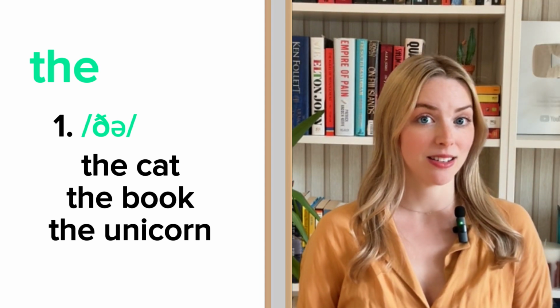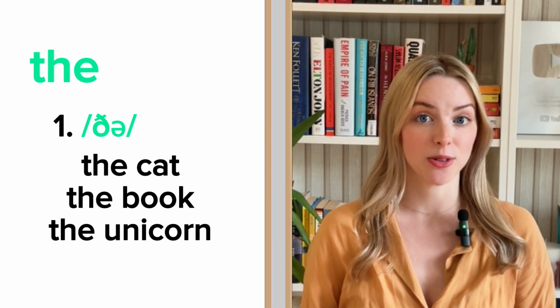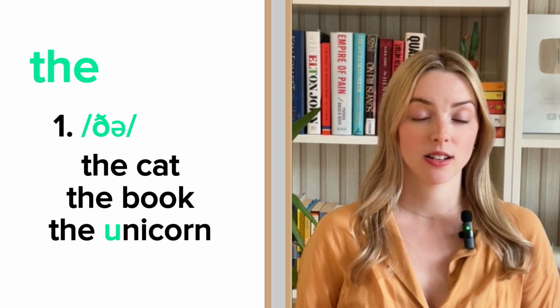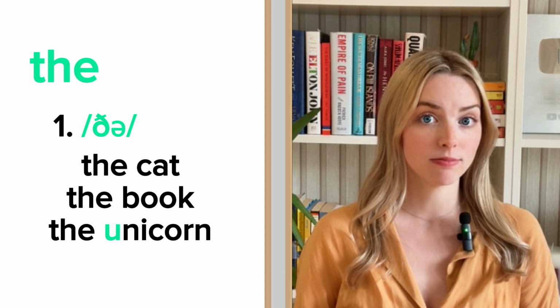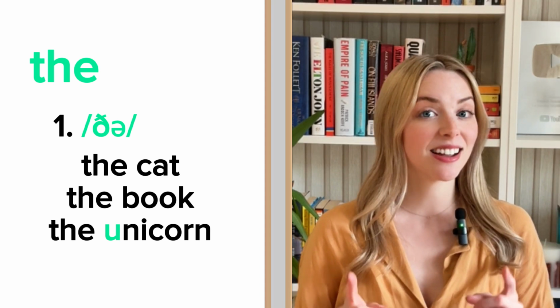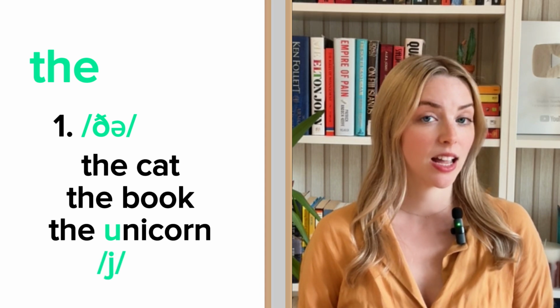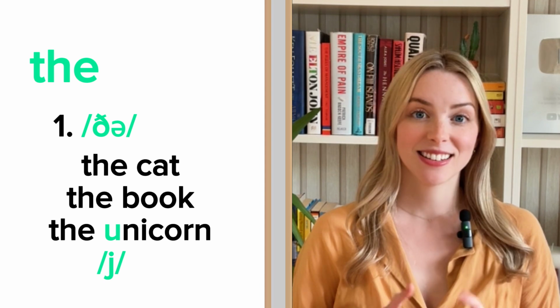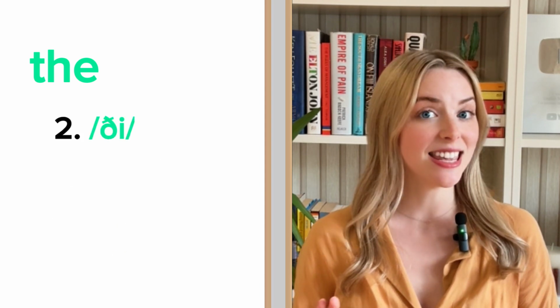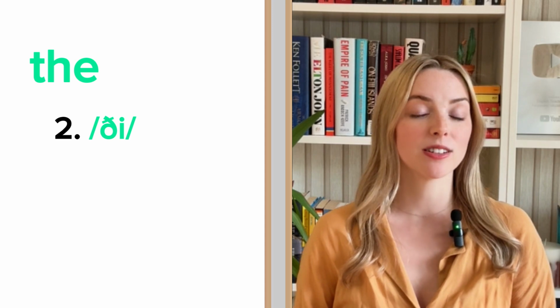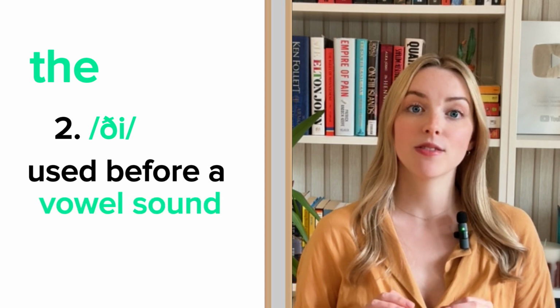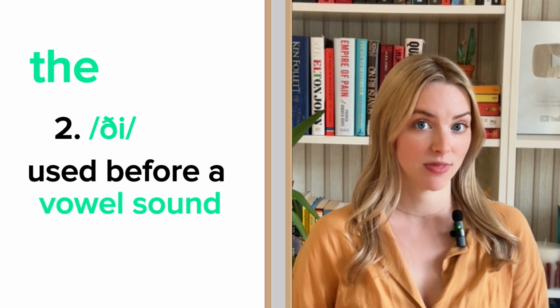Here's what I mean by consonant sound. Unicorn starts with a vowel, U, but a consonant sound, Y. Unicorn. Now, you might be able to guess when we use the. That's before words that start with a vowel sound.